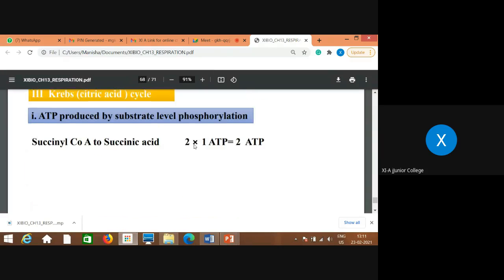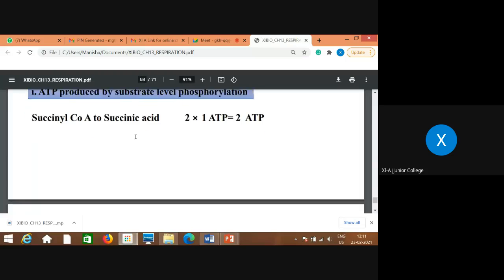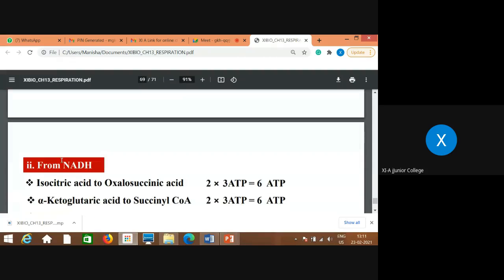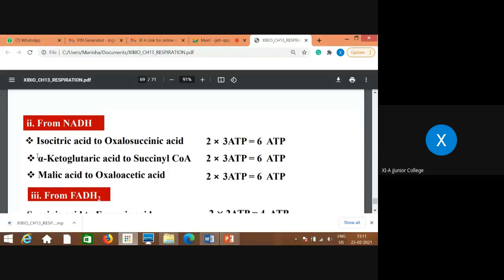Then the third, now the Krebs cycle. Directly produced ATP is when there is conversion of succinyl coenzyme A to succinic acid. That means first GTP is produced from GDP plus iP and then immediately converted into ATP. So two molecules are produced there. So 2 ATP are generated from 2 GTP during this conversion. Okay. Then next, when NADH2 is a substrate, how many are produced?